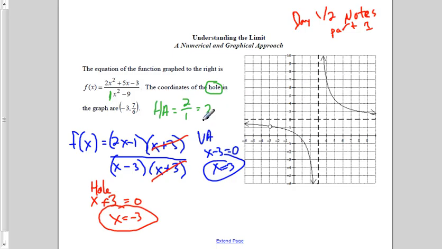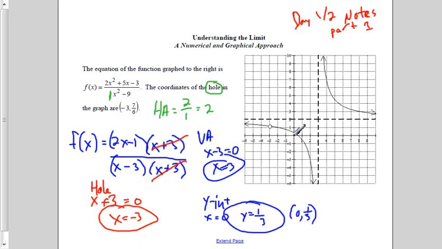How do I find the y-intercept? I find it when x equals 0. And when x equals 0, I get positive 1/3. So I get 0, 1/3, and I can see that right there.